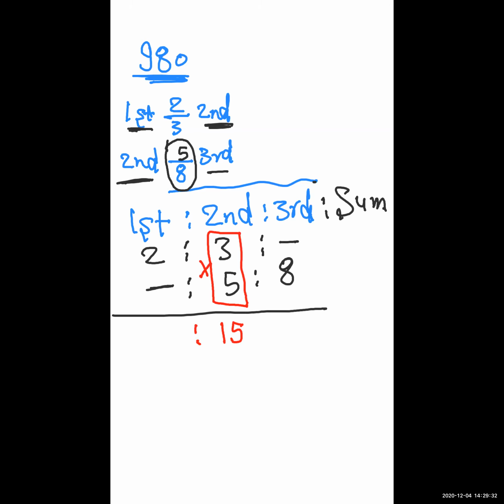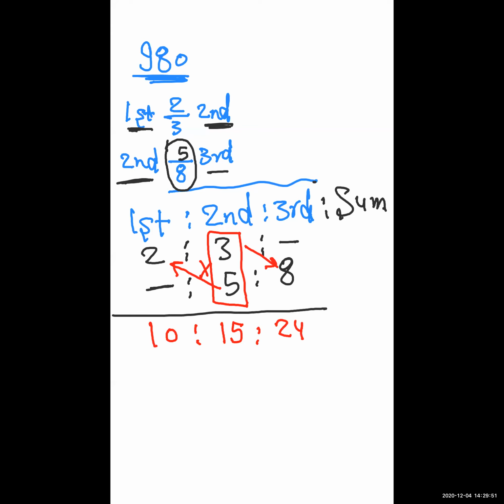To get the other two ratios, I will multiply 2 times 5, so this one will be 10, and I will multiply 3 times 8, so this one is 24.